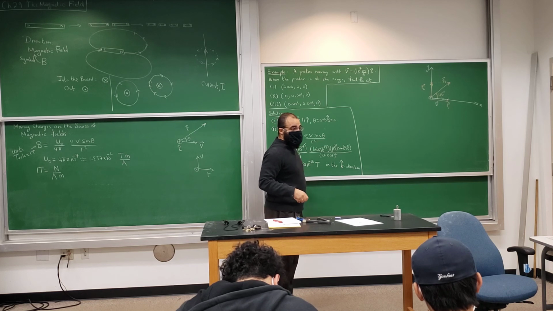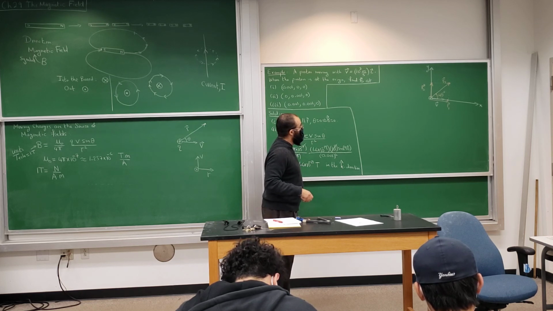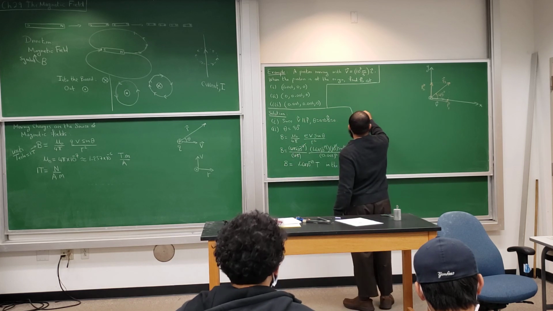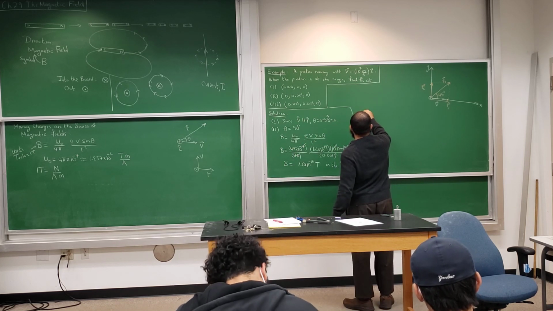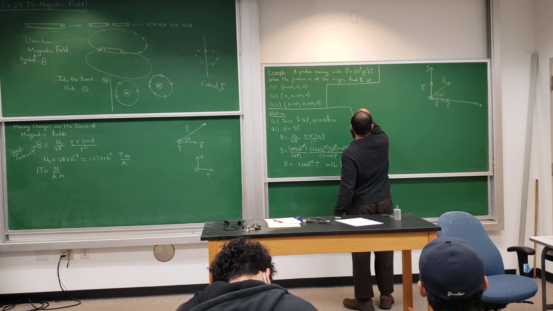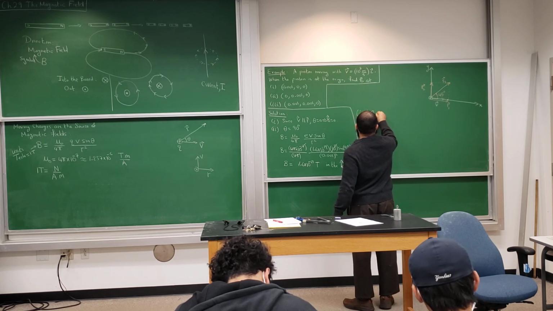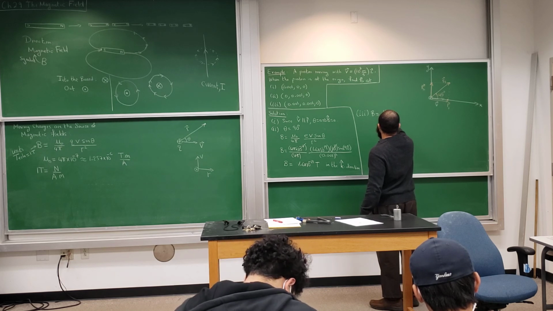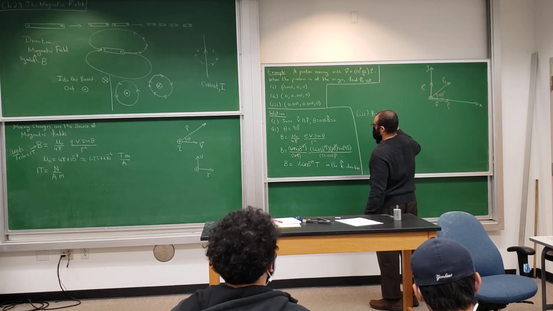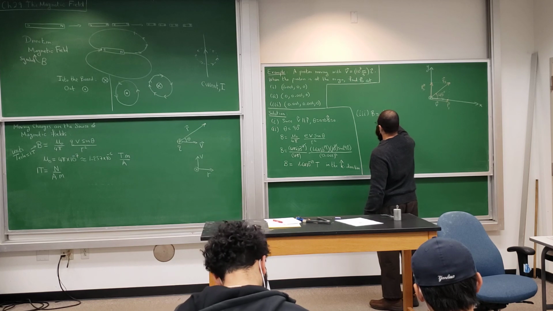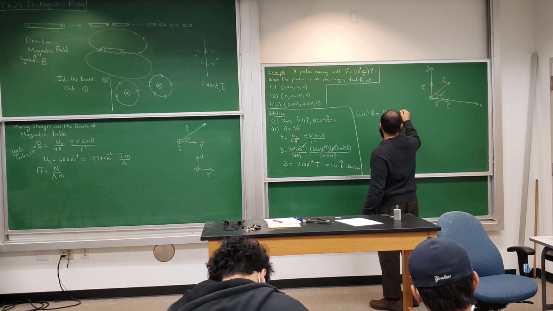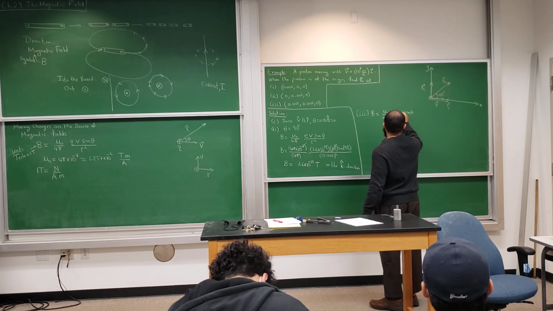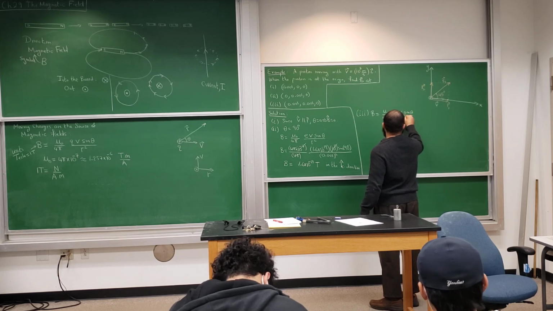So we're going to do the same thing. We need to find what R3 is. So the magnetic field is equal to, again, mu naught over 4 pi, times e, the charge of the proton, times v, sine theta, over R squared.